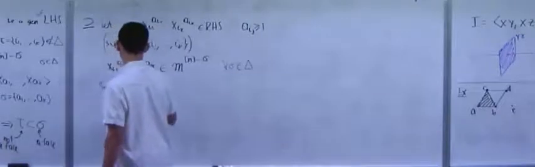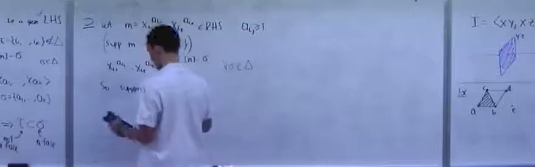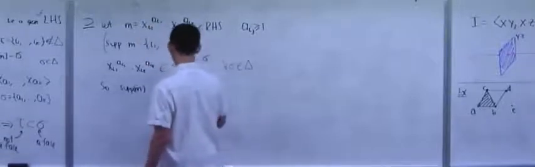So the support of M contains an element of n minus sigma for all faces sigma.